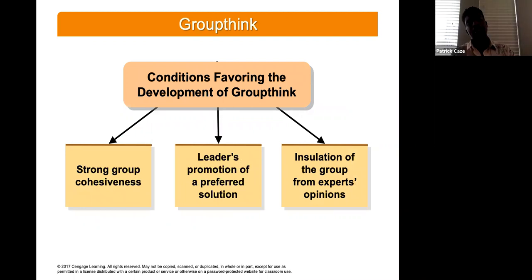So some of the circumstances that could favor groupthink: strong group cohesiveness. If we're a really tight group, a lot of times groupthink will kick in, because we're more personal, more familiar with each other. It's kind of like family, and so we don't necessarily want to upset anybody within our family. We don't want to make them angry.